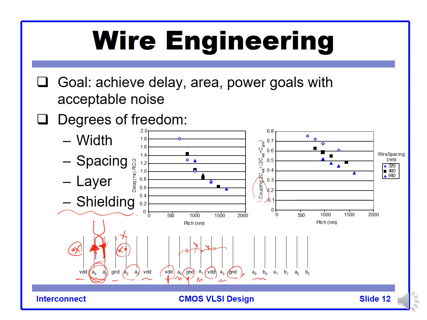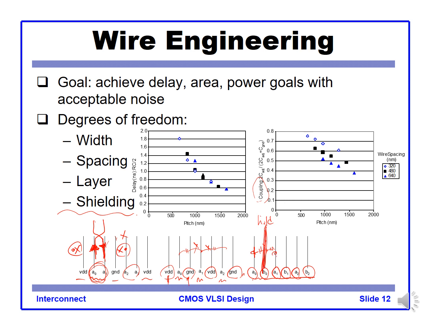So sometimes we alternate things like this. If, for example, A is switching and B is a control signal that doesn't switch, or just holds its value, then the coupling will not happen between A0 and A1, right?